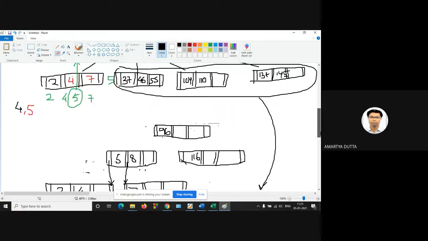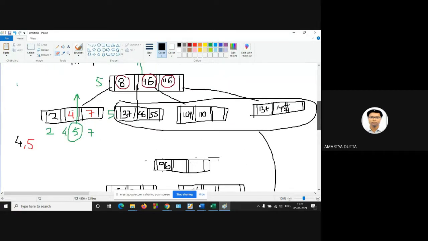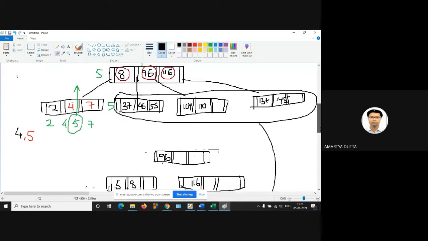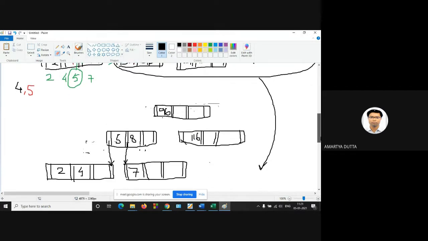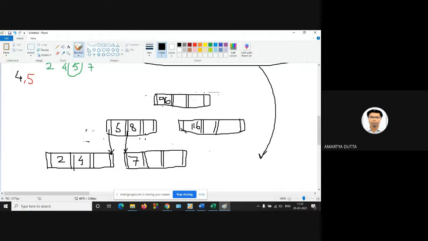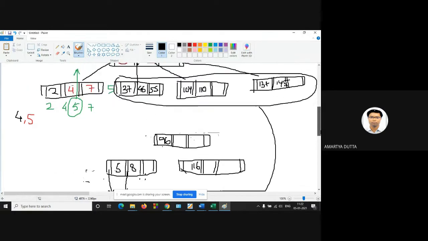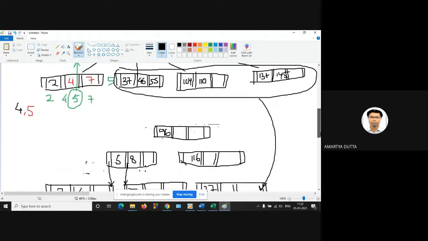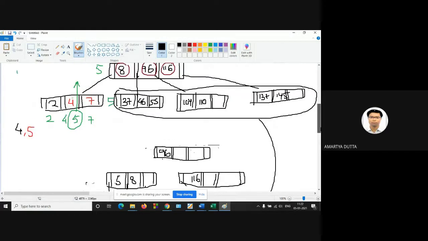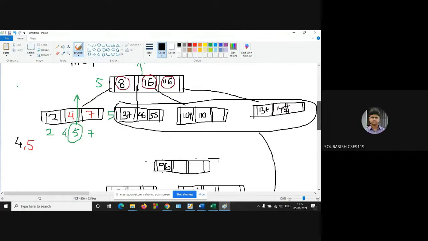As this is 116, and 100, so 37, 46 will be the right child of 8, no?